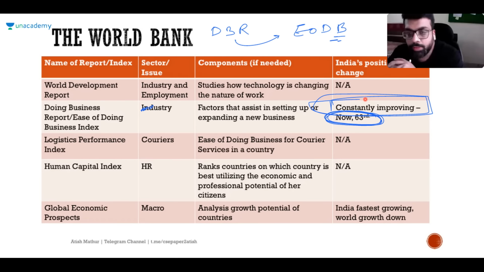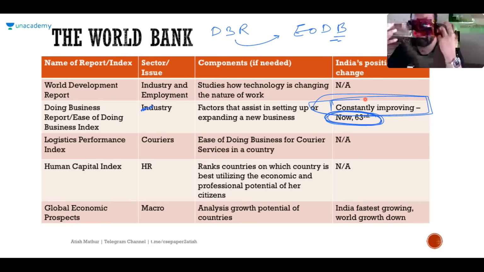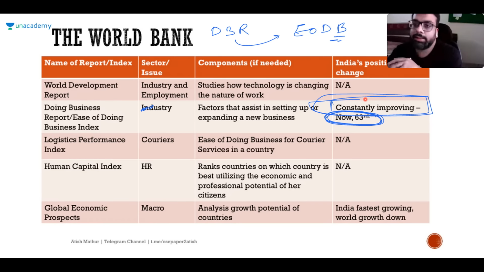Now you move to the third report, the Logistics Performance Index. Interestingly, the factors don't have to be remembered. That's what I said. If they have to be, I would mention them as and when we get along. Third, logistics performance index is basically to figure out which country has more supportive regulations for logistics companies.